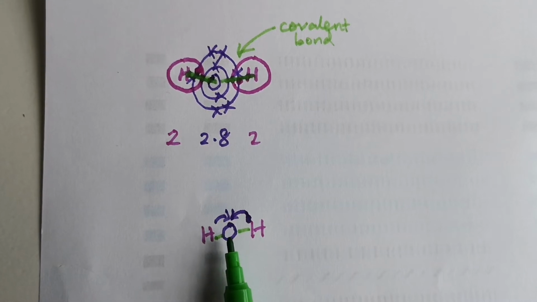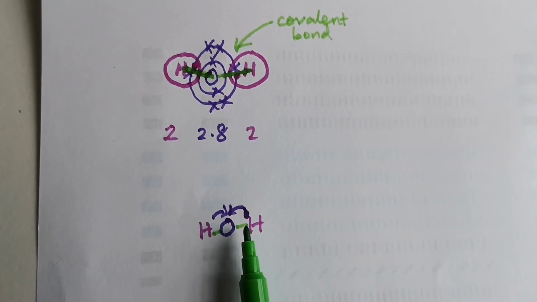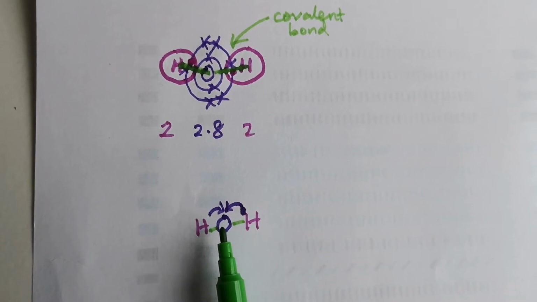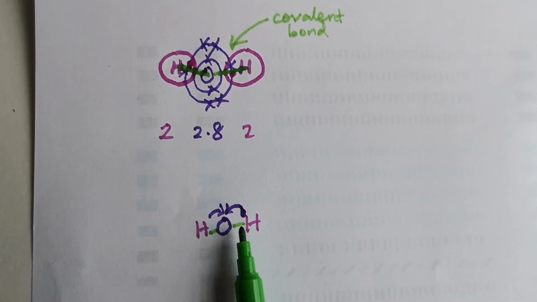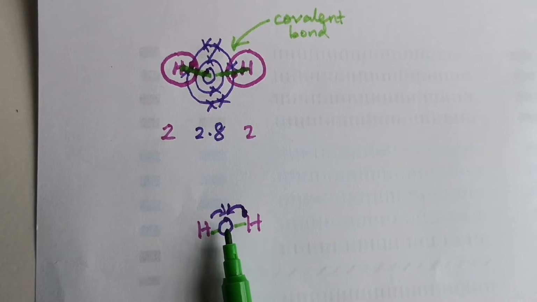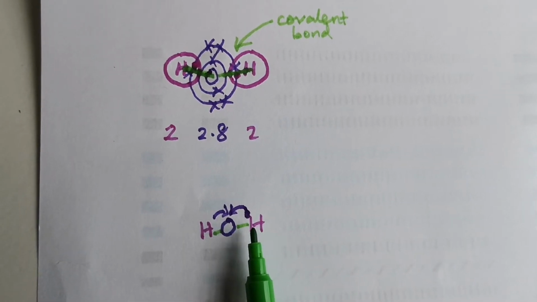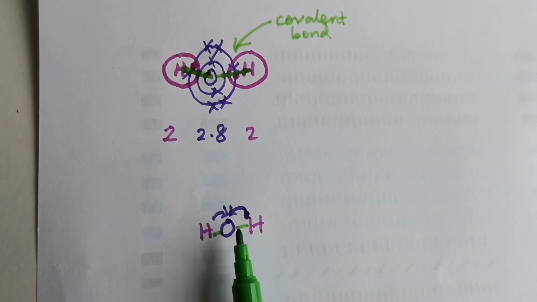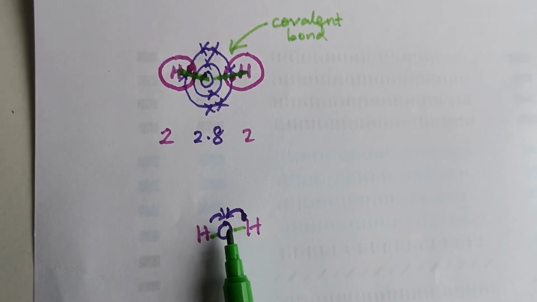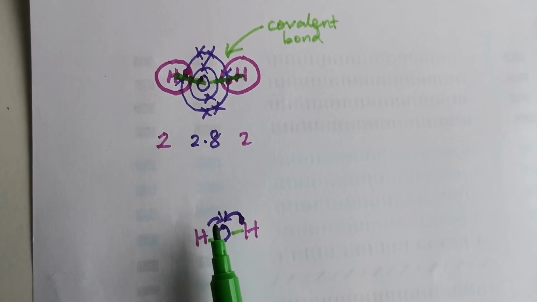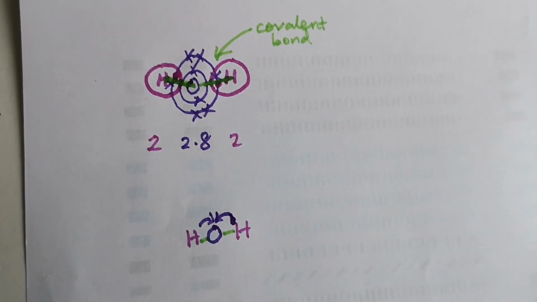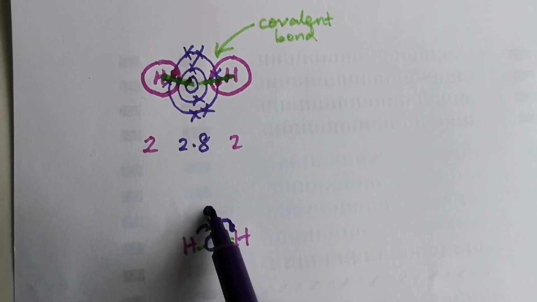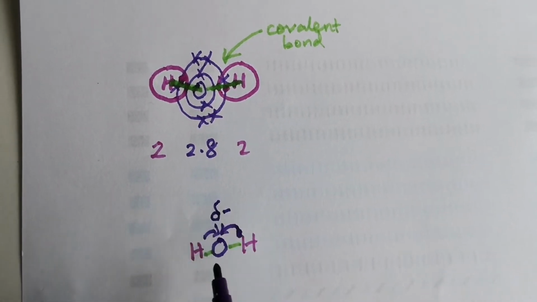Because this O atom has a higher tendency to pull the electrons to itself. All right, so the electrons are actually nearer to O than to H, although they are sharing the electrons. So when the electrons are nearer to O, that makes O slightly more negative.